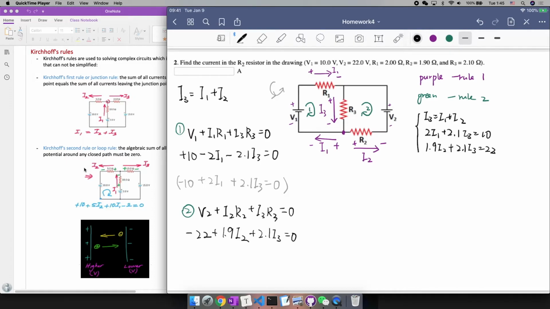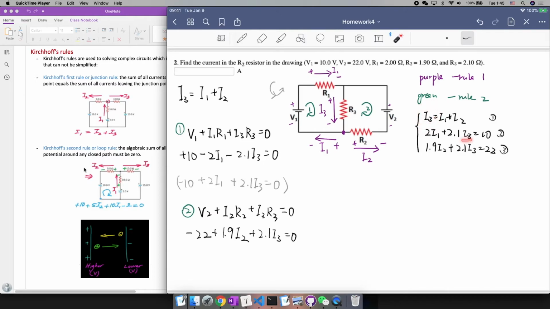Okay, first, 1, 2, 3. Let's first substitute equation 1 into equation 2 and equation 3. Let's first remove these variables.